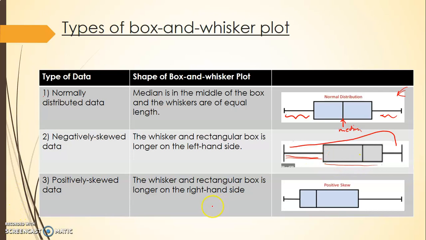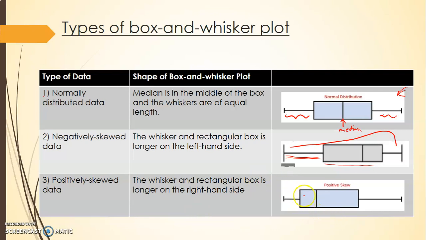And lastly, number 3, for positively skewed data or skewed to the right. For this type of box and whisker plot, the whisker and the rectangular box are longer on the right hand side. Dia panjang belah kanan.